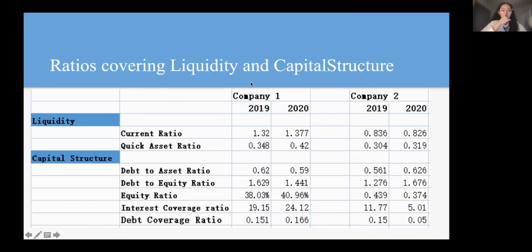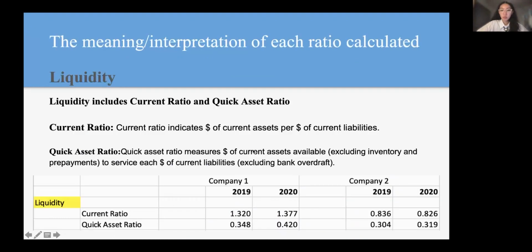Okay, I will introduce the liquidity and the capital structure. Firstly, I will talk about liquidity. Liquidity includes the current ratio and the quick asset ratio. Firstly, I will talk about the current ratio.